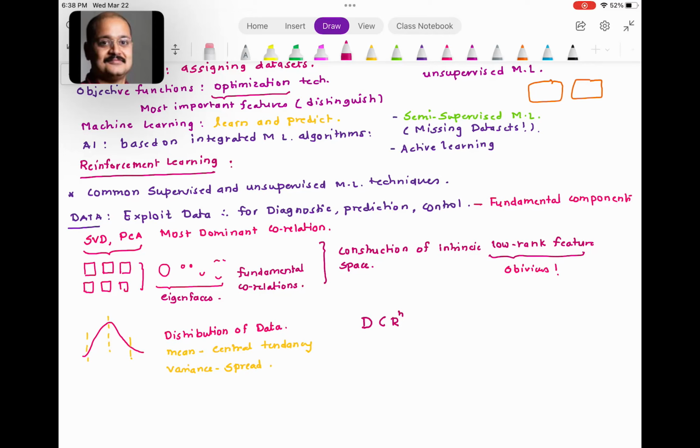It can have a component in the X direction, the Y direction, the Z direction. So you can have a tensor, or a data set that has multiple levels of features. Now you have a subset of the data set, which is considered D prime.